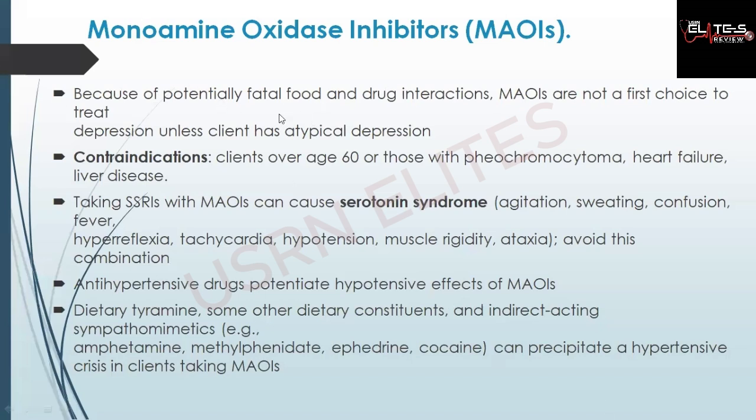So because of potentially fatal food and drug interactions, monoamine oxidase inhibitors are not a first choice to treat depression unless the client has atypical depression. I think it's very clear. I don't know if some of you remember tyramine; we will look at that.